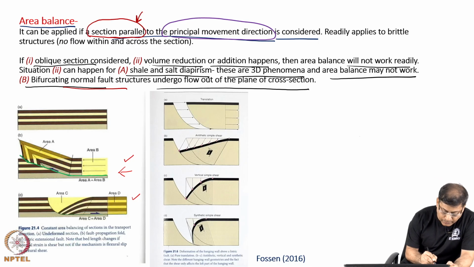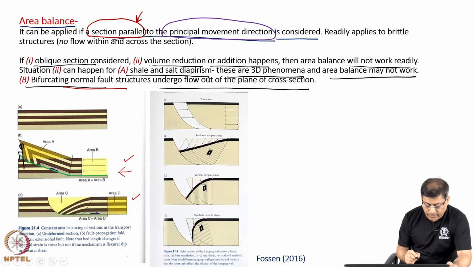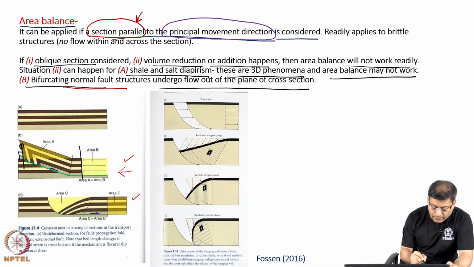Now, I can choose a pin line here in the way that the pin line is perpendicular to the bedding plane and a loose line here. Since reverse faults are produced due to compression, this means if the pin line is static, I have to move the loose line here. This can be the initial position of the loose line and this is the final position of the loose line.